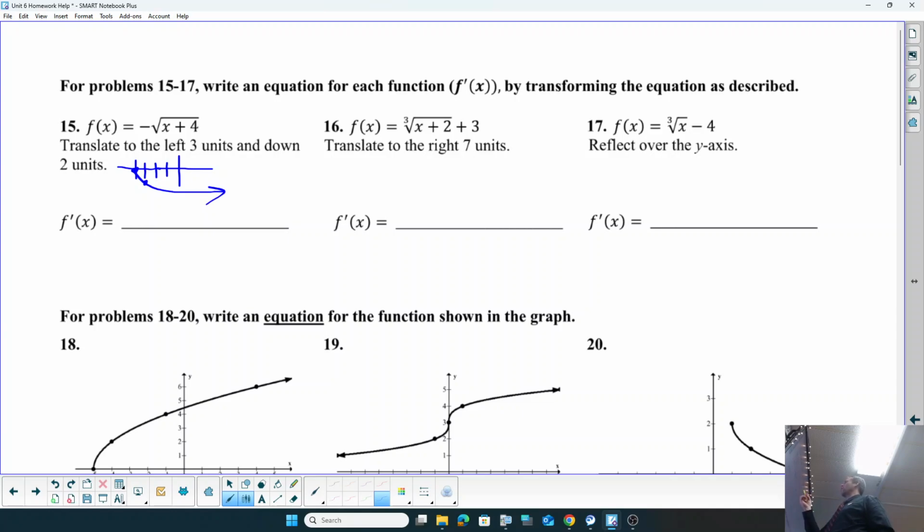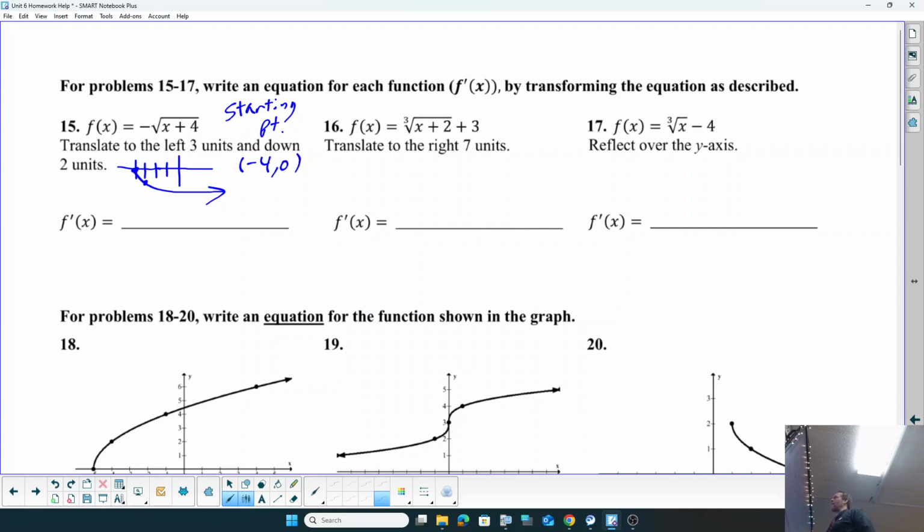So the original function, why won't it let me erase? There we go. So the original function was at the starting point, at -4, 0.